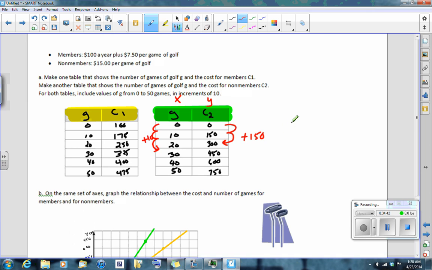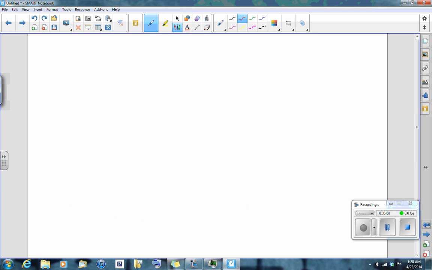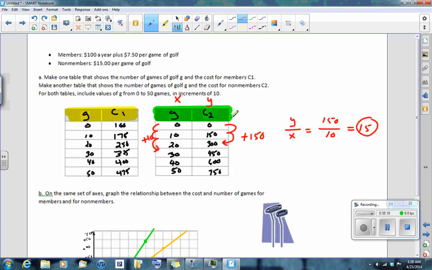So the change in y over the change in x is 150 over 10, which is 15, which is what the slope is, 15g for the non-members. So we see that slope appears here in the equation. It appears in the table. We can calculate it from the table.